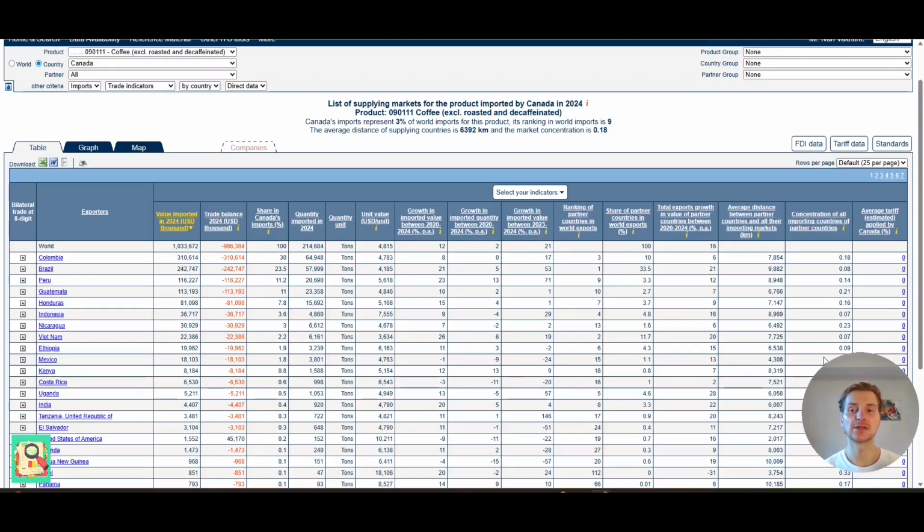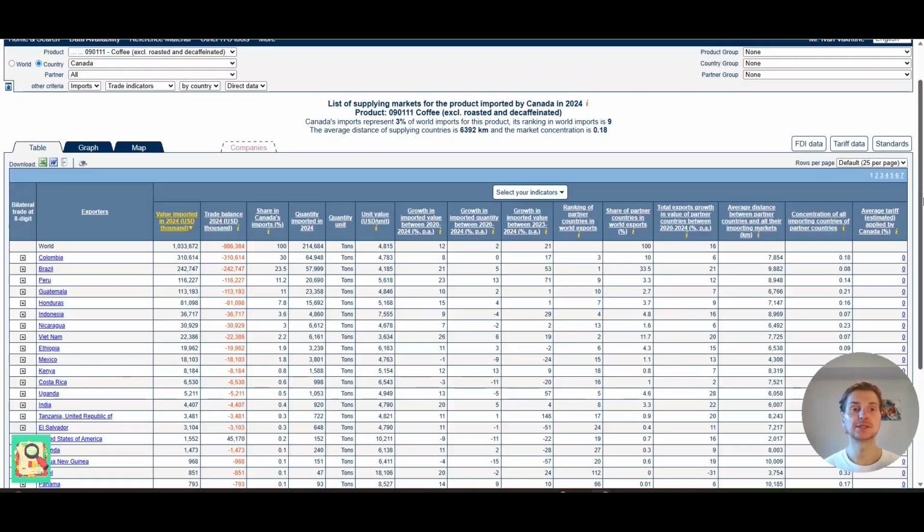So there's a lot less competition than, say, for a country like Brazil, where there's significantly more competition, more players, and no one player owns the majority of the exports of coffee from Brazil to Canada.